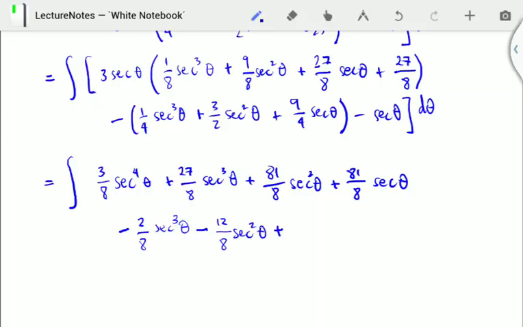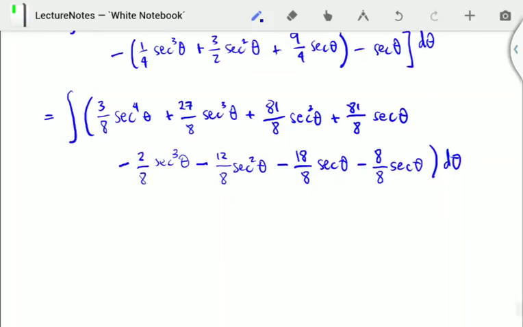The 9/4 will combine with this 81/8 secant, so I'll write it as 18/8 secant theta, minus 8/8 secant theta. Of course, this whole thing will be multiplied by your d theta.